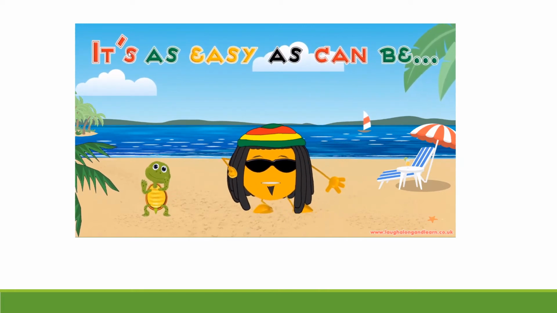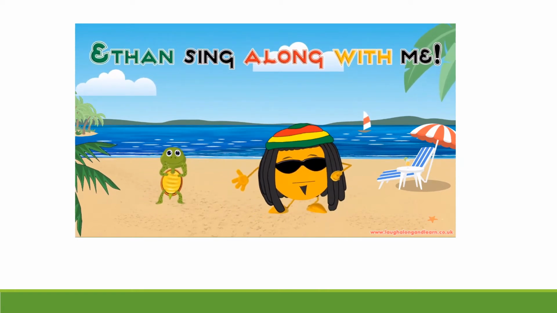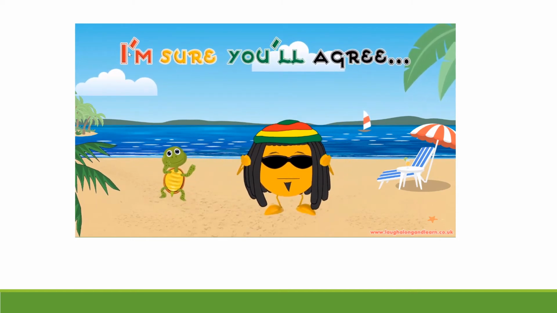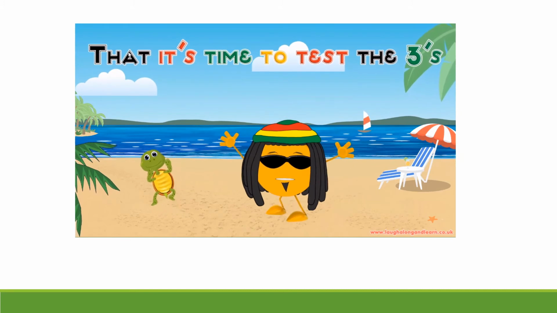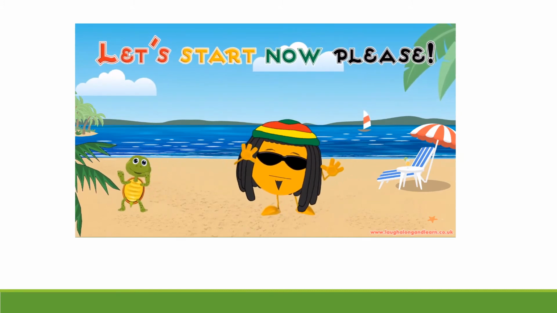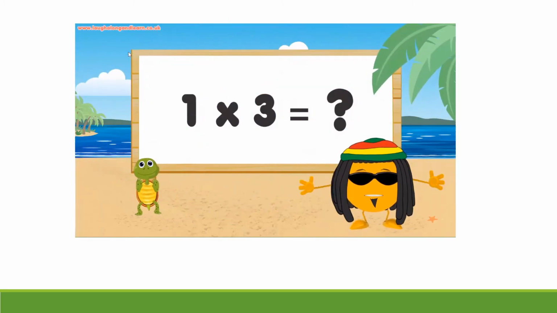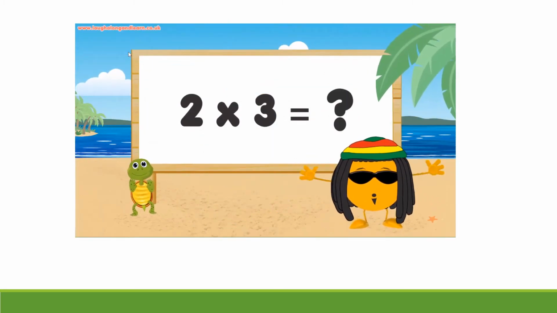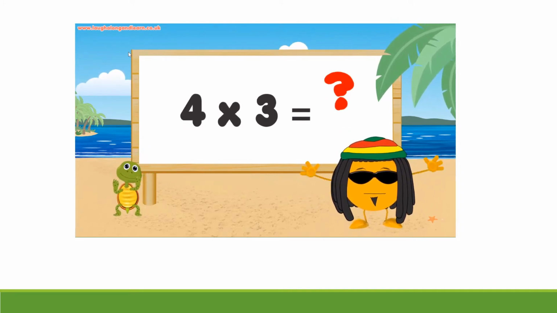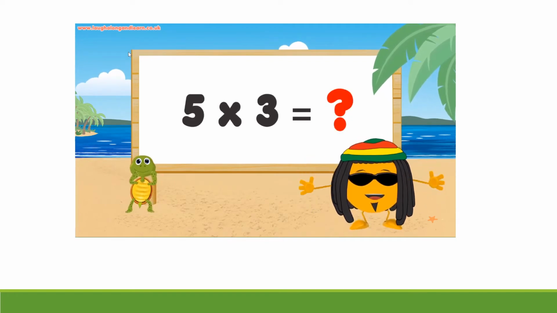It's as easy as can be. Ethan, sing along with me. I'm sure you'll agree that it's time to test the 3s. Let's start now, please. 1 3 is, and 2 3s are. 3 3s are. 4 3s are. 5 3s are.